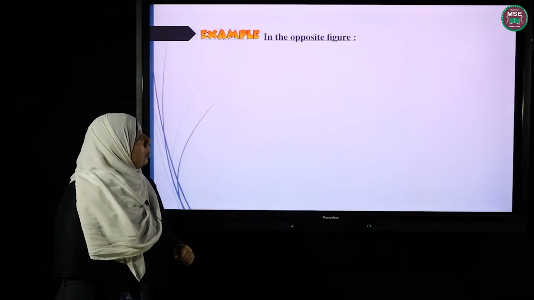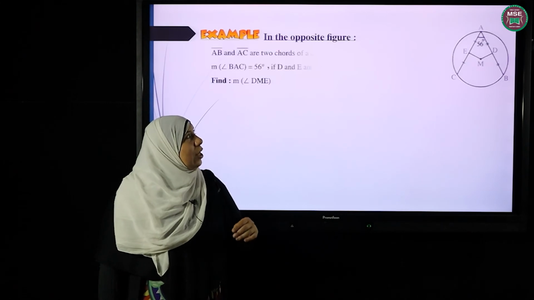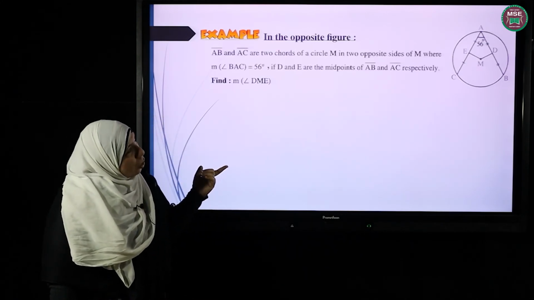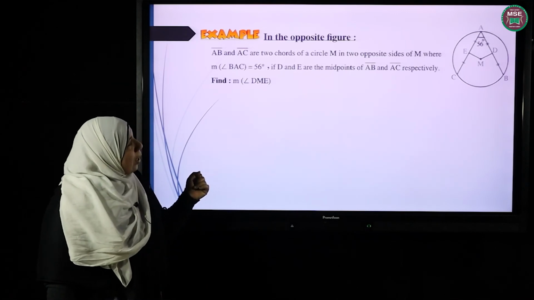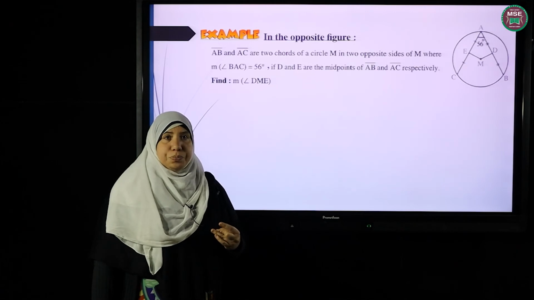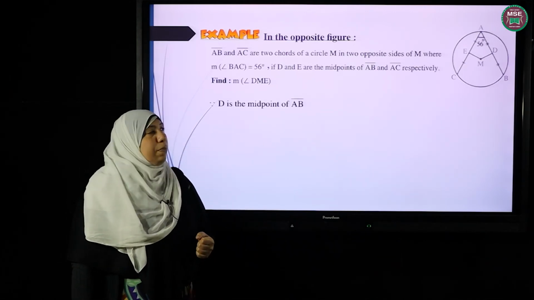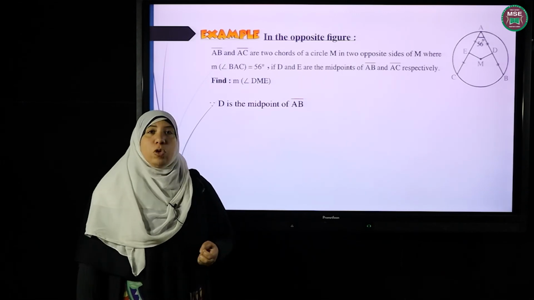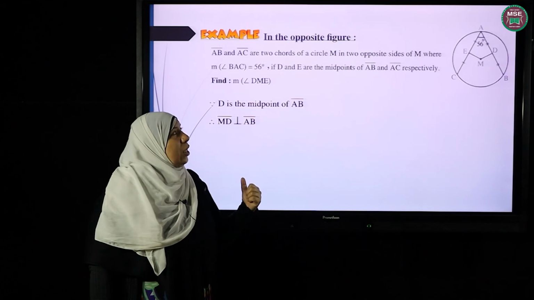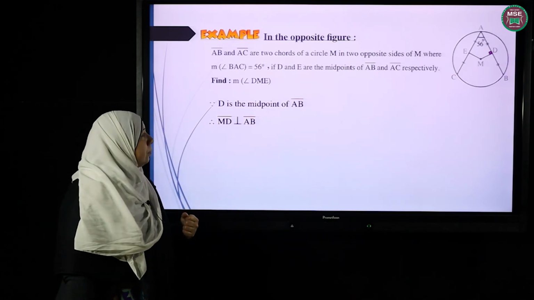Another example, in the opposite figure, I have here AB and AC, two chords. E and D are midpoints of AC and AB. Find the measure of angle DME. Again, D is the midpoint of AB, the midpoint of a chord, and MD is a line from the center, so MD is perpendicular to AB.